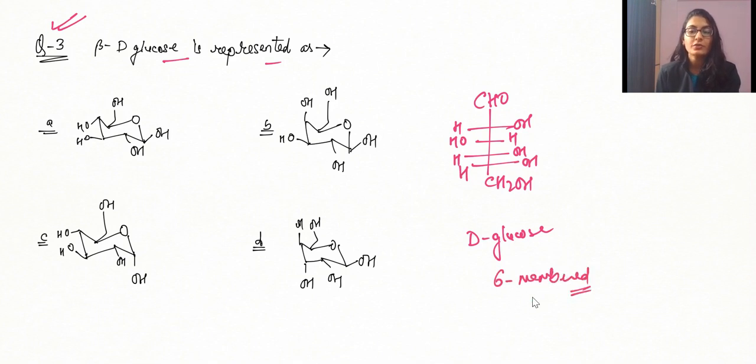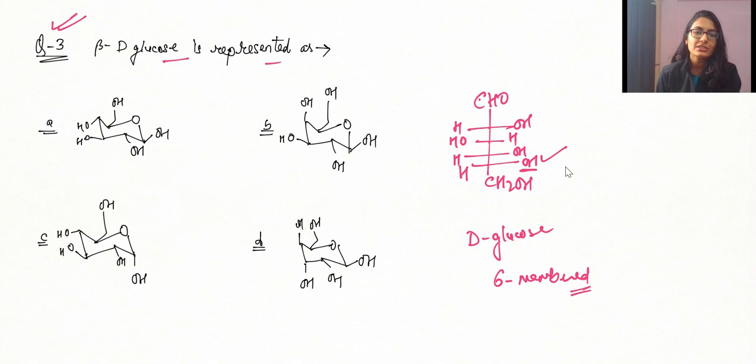So if it wants to form a 6-membered ring, then it has to attach to this hydroxy group. It is having 1, 2, 3, 4, 5, and the 6th atom would be the oxygen over here, so it has to form the hemiacetal with this oxygen. Okay, so I hope that you have drawn the hemiacetal by yourself.